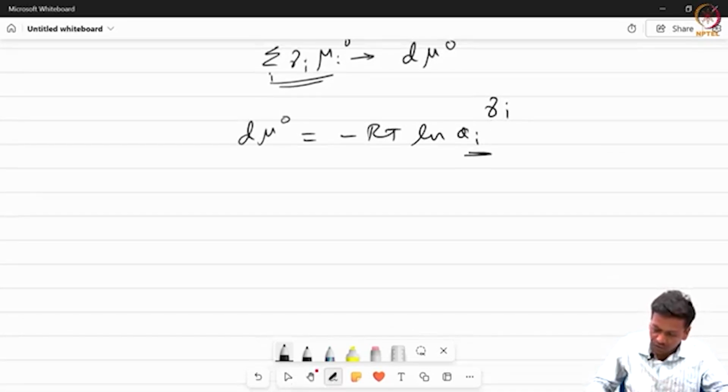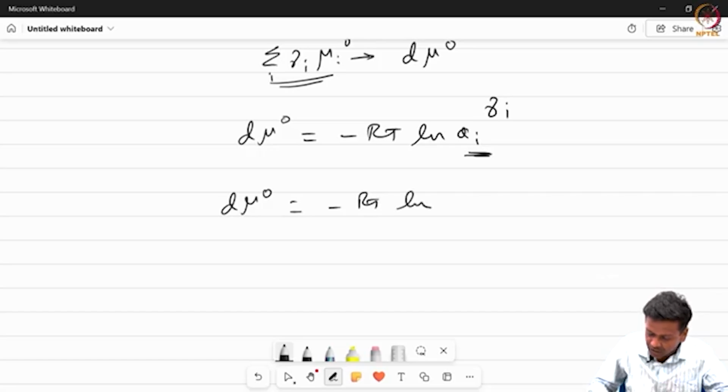Now there are two more steps from here. We can explicitly express this activity for micelles and surfactant.